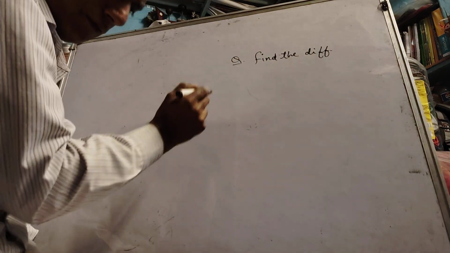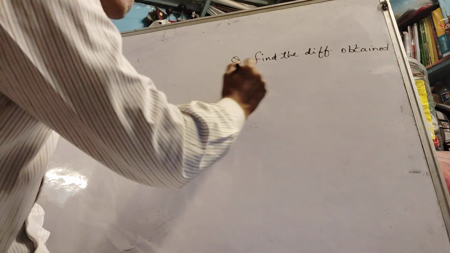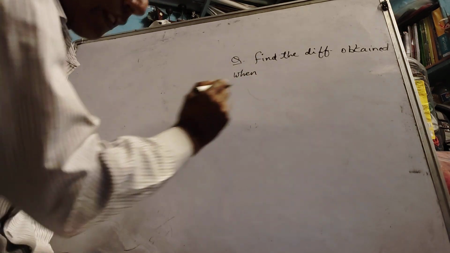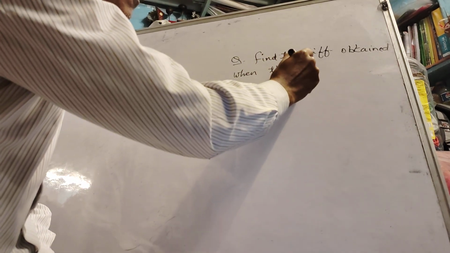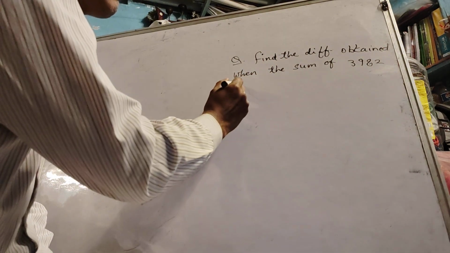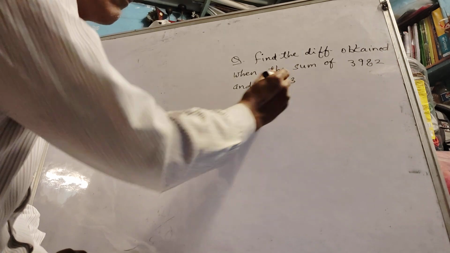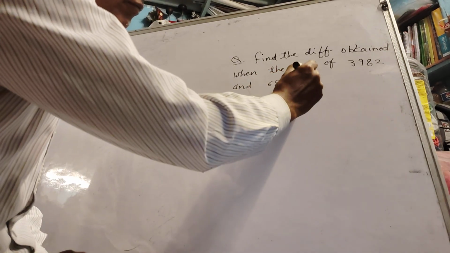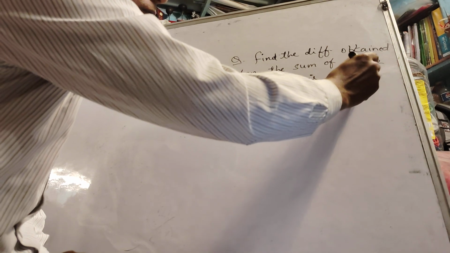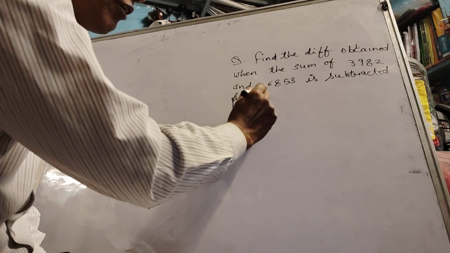The question is: find the difference obtained when the sum of 3,982 and 6,853 is subtracted from 35,000.